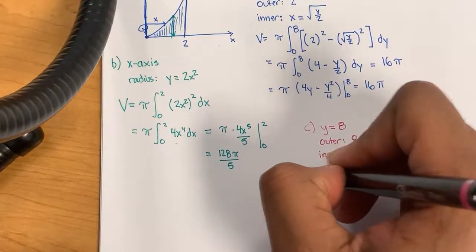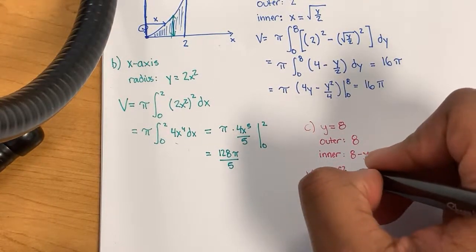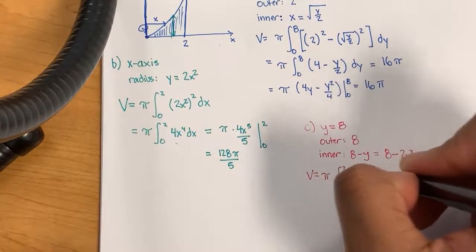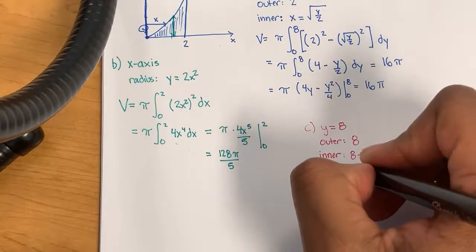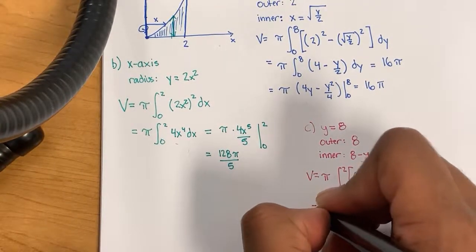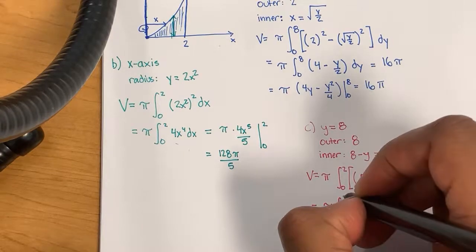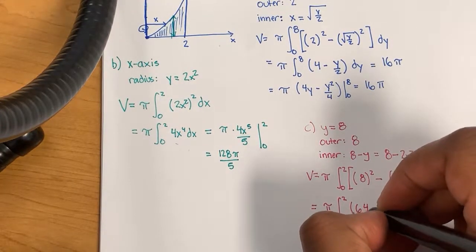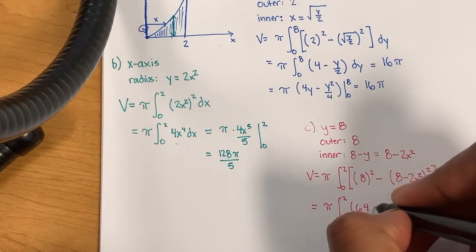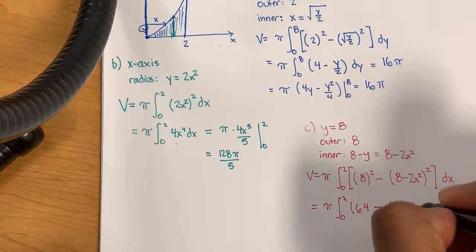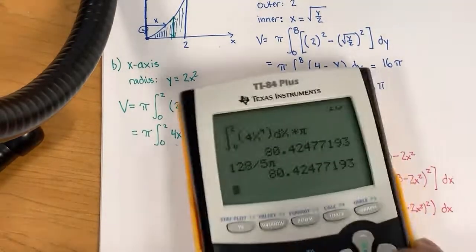So our volume is pi times the integral from 0 to 2 of 8 squared minus (8 minus 2x) squared dx, which we would get pi times the integral from 0 to 2 of 64 minus (8 minus 2x squared) squared dx. And this is something we'll throw into the calculator as well.